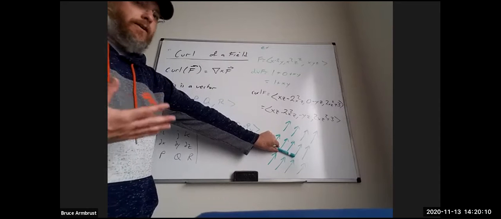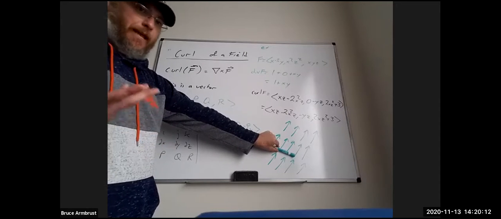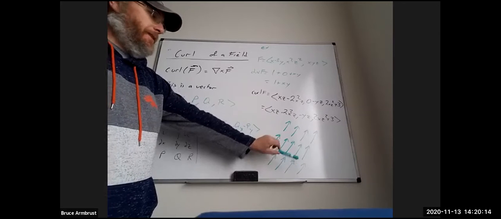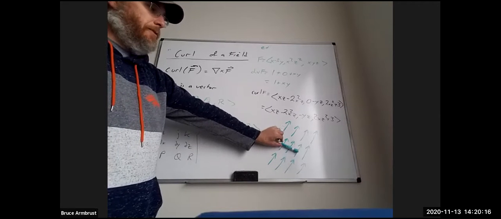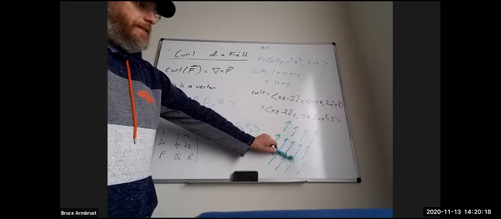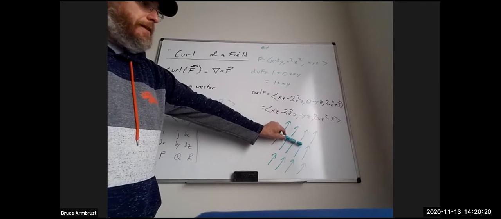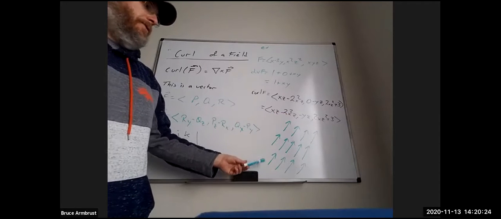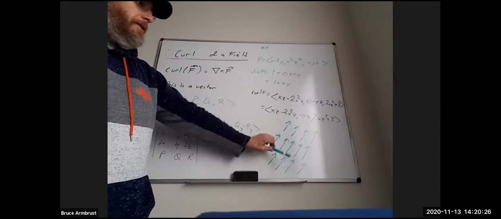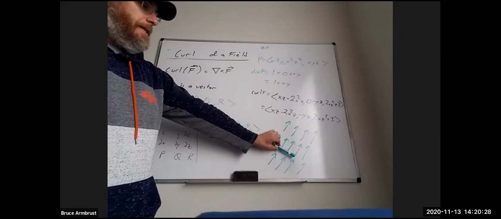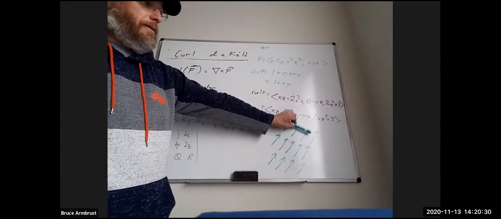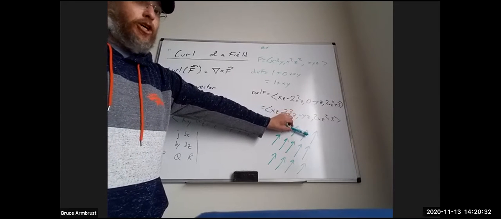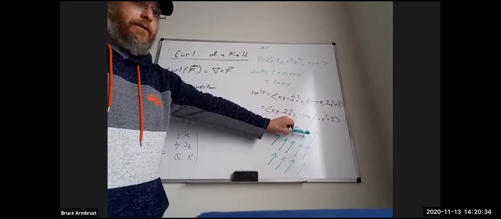Think about water: go to your favorite stream, lake, pond, whatever, and you drop a stick on top of it. It's going to follow the flow, right? If that stick doesn't rotate, that means there's 0 curl. So this would be an example of a field that has no curl, because you drop something in there and it'll move, but it's not going to curl, not going to rotate.